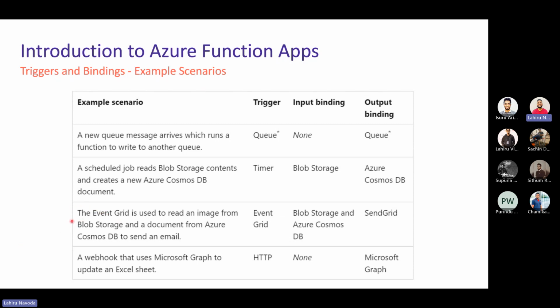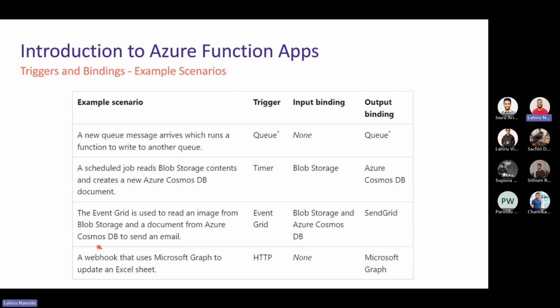Basically, here we use Event Grid messages to trigger the function. So the trigger would be Event Grid, and here we see two input bindings. One is getting an image from blob storage, and the other is a document from Azure Cosmos DB. So the input bindings would be blob storage and Azure Cosmos DB.